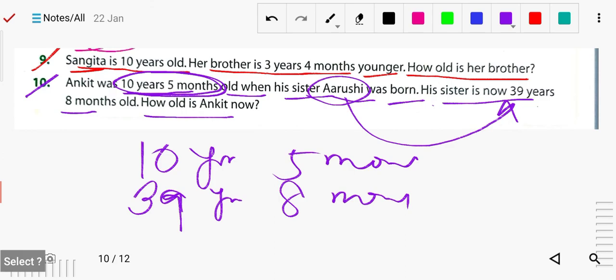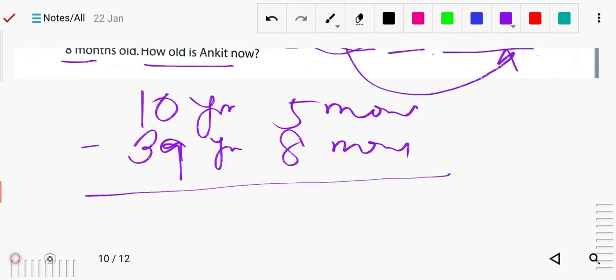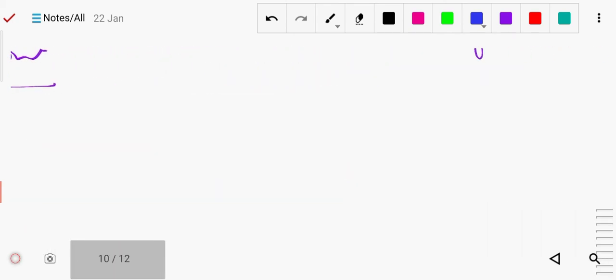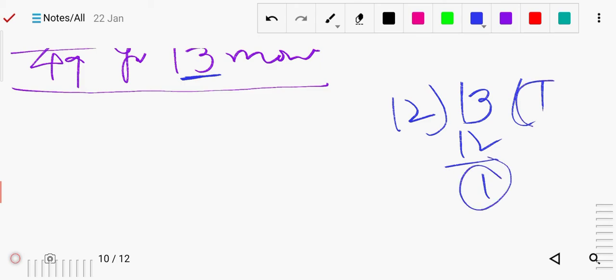Now add these two given ages. 8 plus 5 is 13 months. Here the years, 10 plus 39 is 49. Now this 13, we cannot write as 13 months, so we will change it. Month to year means 13 you have to divide by 12. In 1 year how many months? 12. So 1 time 12, 1 will be the remainder and 1 will be the quotient.